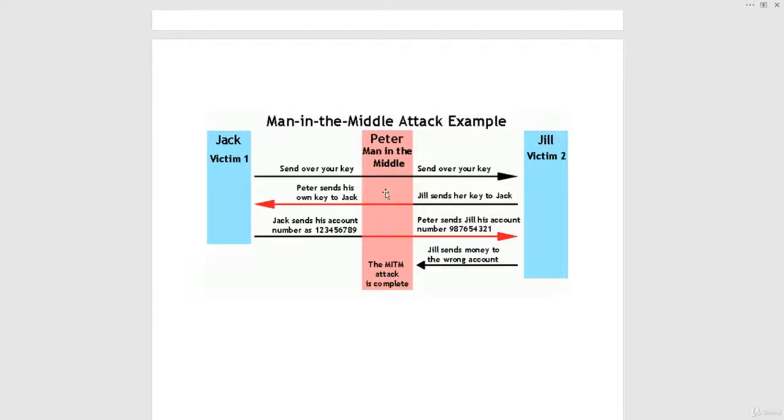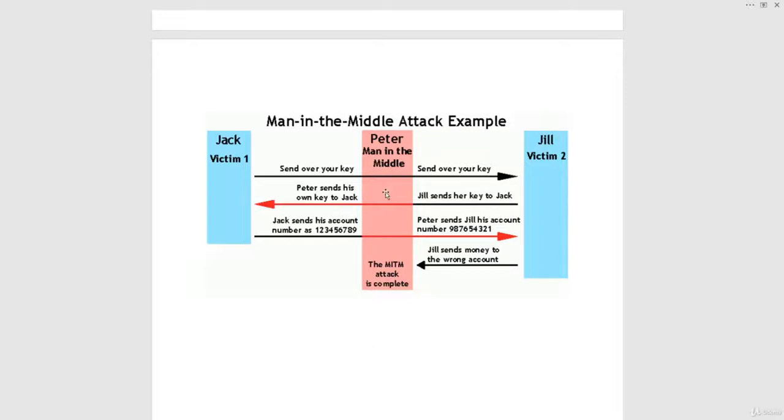The hacker here is impersonating both sides of the conversation to gain access to the funds. This example holds true for a conversation between a client and a server, as well as person-to-person conversation.